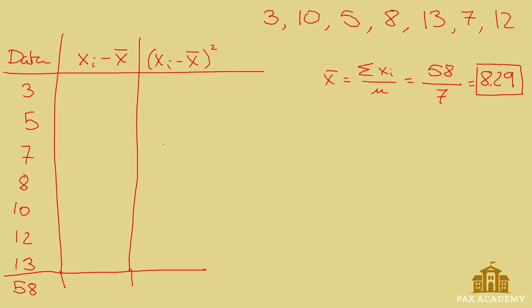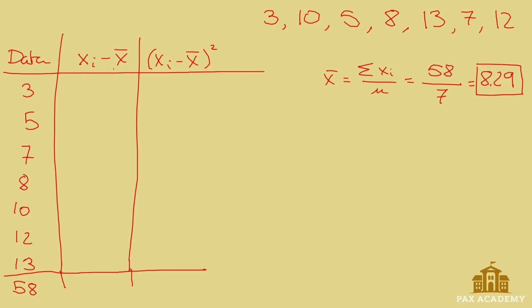Excellent. Now we have to do xi minus x bar. x1, when the subscript i takes the value of 1, would be the first data point, so 3 in this case.